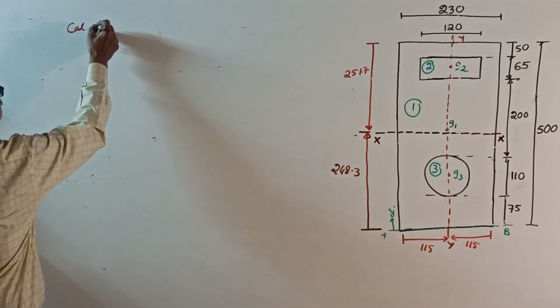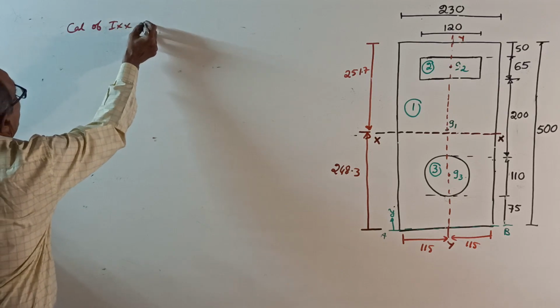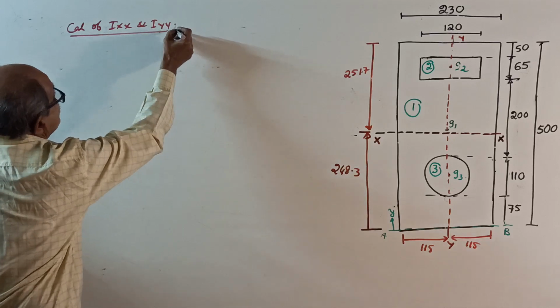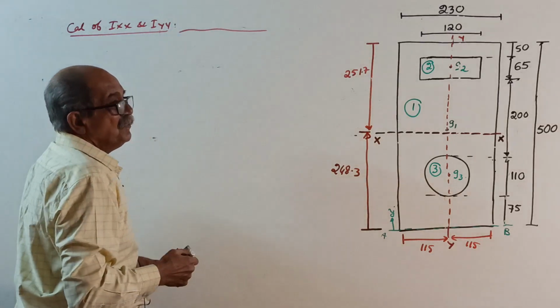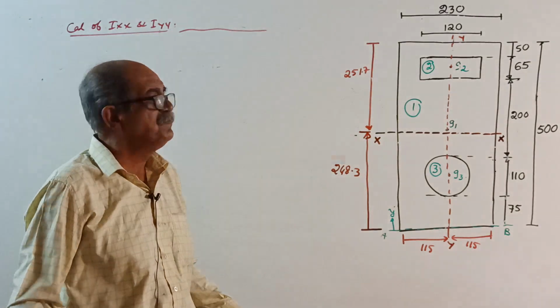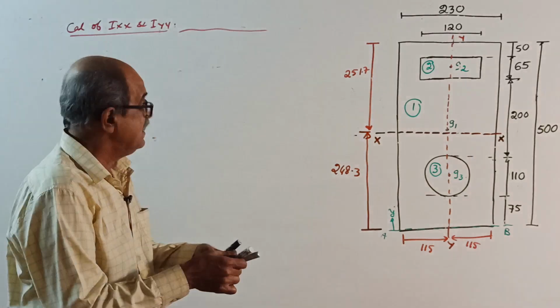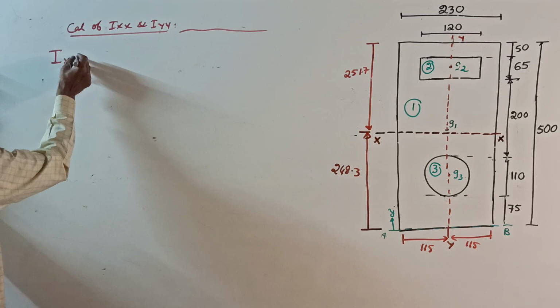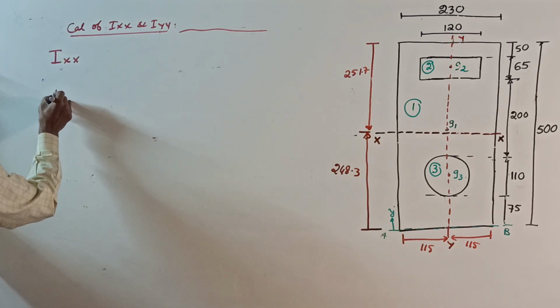Calculation of I about xx and I about yy. First, the usual statement you write. By the parallel axis theorem, I about any axis equals Ig plus A h square, you should write. I am not writing. So now, start. I about xx, three times you have to do. Okay, sufficient space.